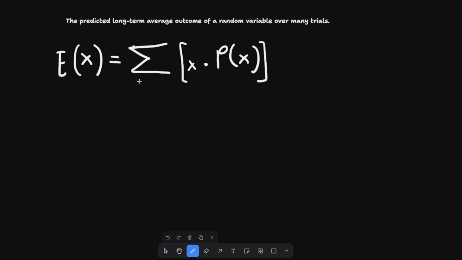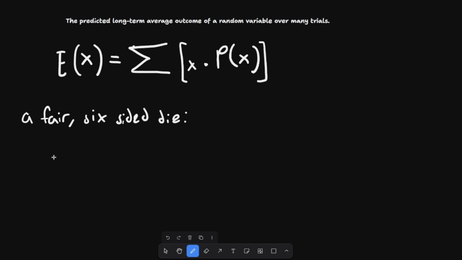Now we don't necessarily need to fully analyze this formula because I'll show you using an example. Let's say that we have a fair six-sided die. And we need to find the expected value of it. So the way we do this is we would say that rolling a 1 is 1 point, rolling a 2 is 2 points, rolling a 3 is 3 points, and so on until you get to 6, right?